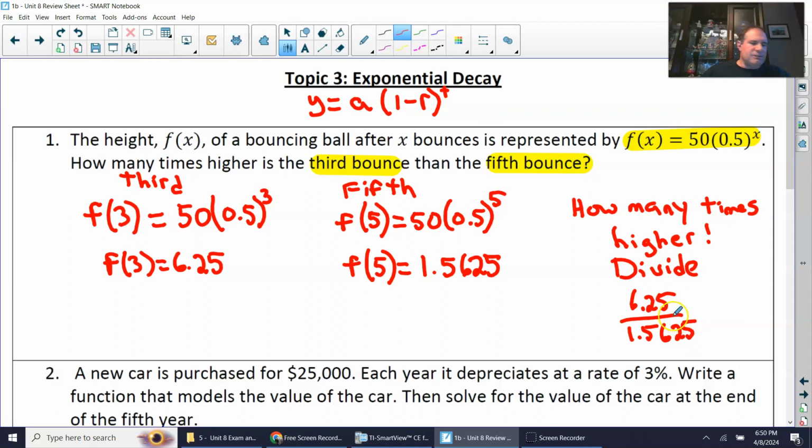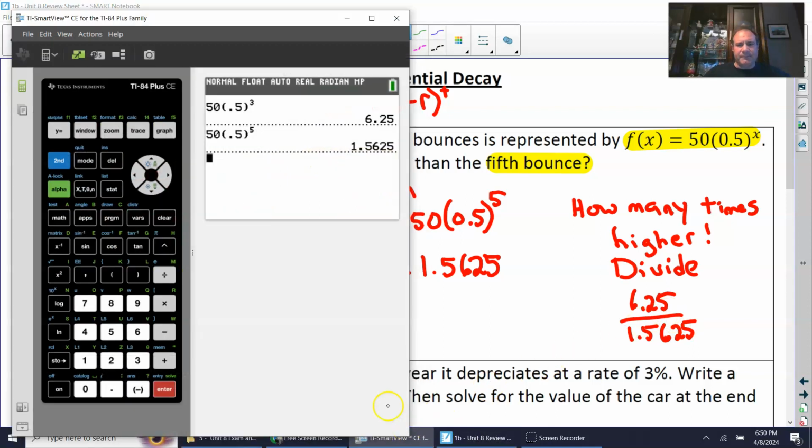When you put that into the calculator, you get 6.25 divided by 1.5625. And it's 4, exactly. 4 times higher.